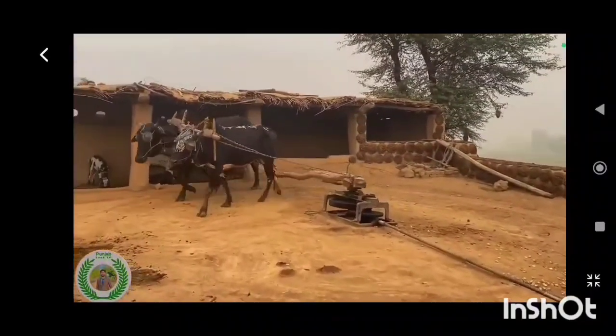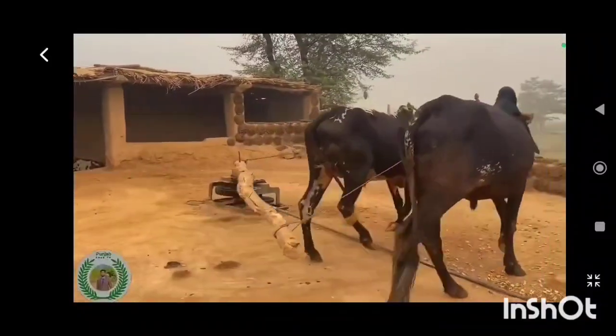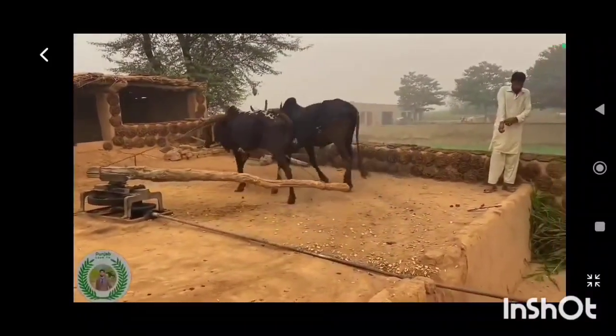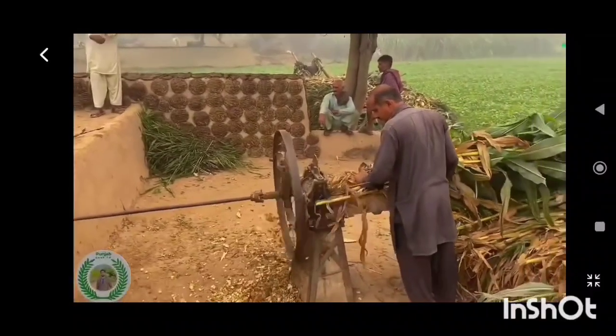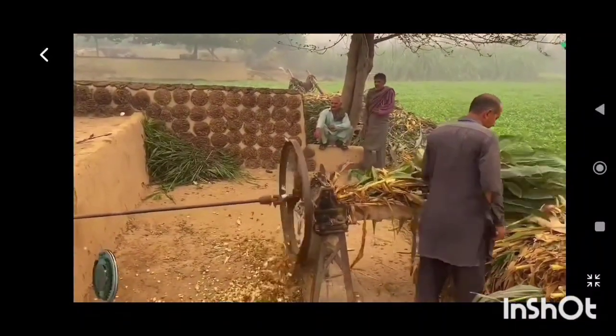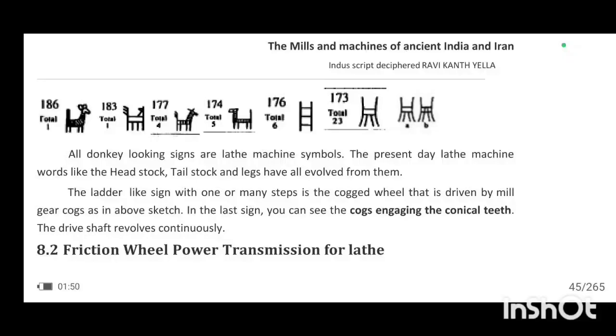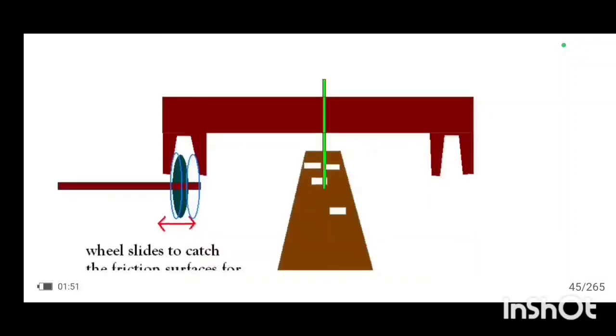Here in Punjab, we can see 2 bulls causing a horizontal shaft to output rotating motion for a chop cutter, grass chopper. This lathe machine is represented by donkey or horse-like symbols. Maybe it is strange for you, but the tailstock, headstock, these names have come from here.